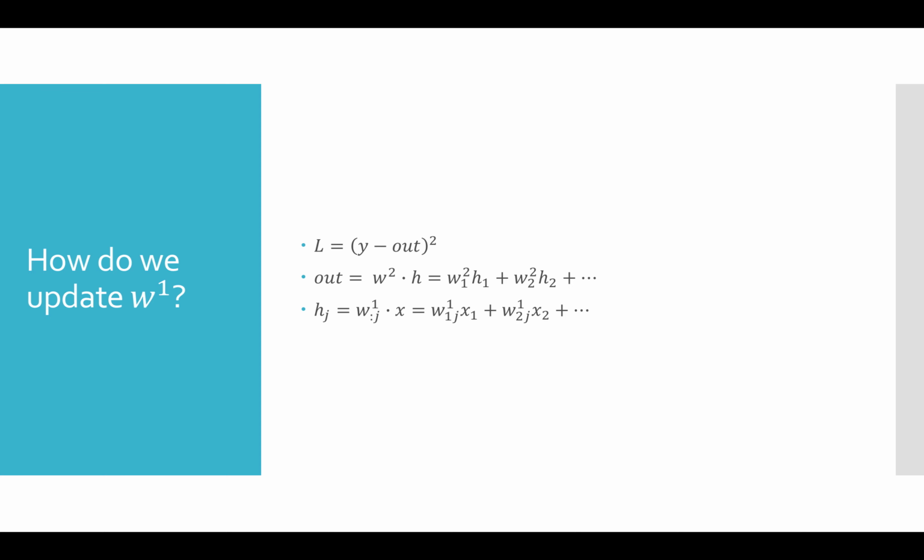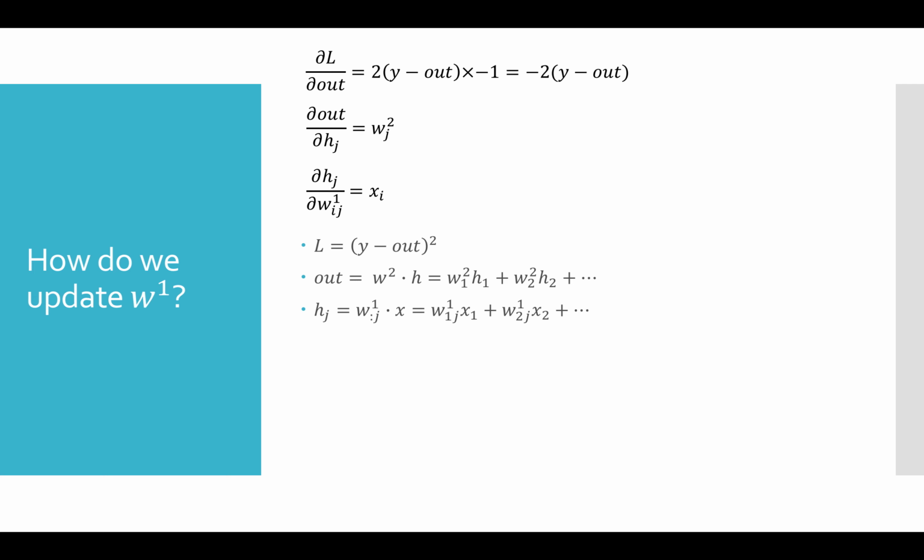Now let's do W1. This gets a little more complicated because there's a little bit more going on. So we have the loss, we have the out, and we have Hj. So we know that we need to go all the way from the loss down to W1 in order to take the derivative. So first we take the derivative of the loss with respect to out, which is going to be the same as before. Then we take the derivative of out with respect to Hj, because Hj is what has W1 in it.